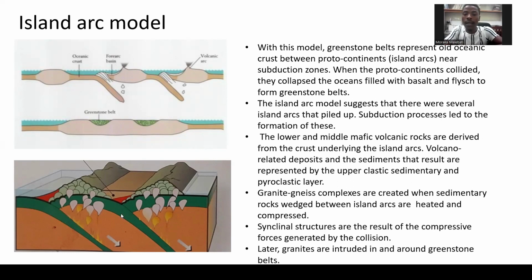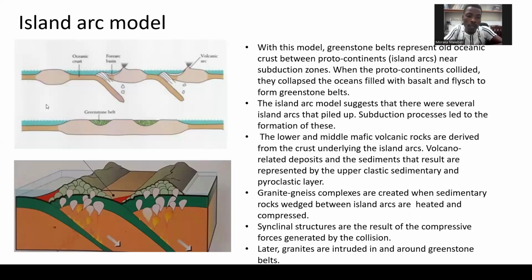Now these island arcs are separated by the oceanic crust, but because of compression, this oceanic crust will be consumed, allowing the sedimentary rocks wedged or trapped between these island arcs to be squeezed, heated and compressed into granite gneiss complexes.